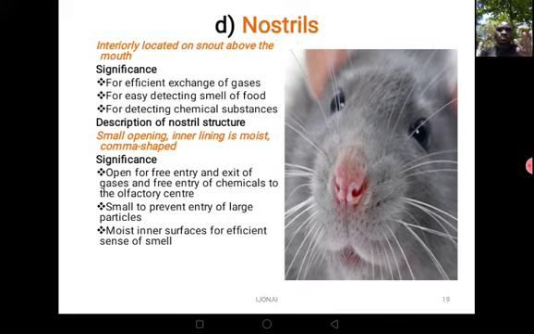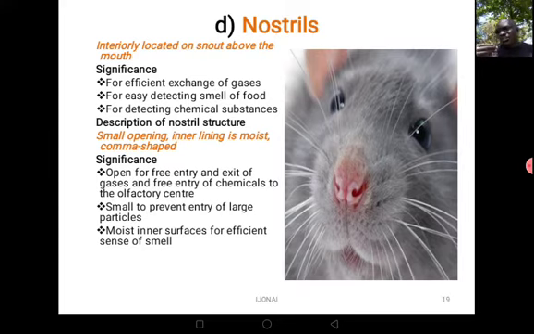So when you look at a structure, try to describe it in the natural way that you see it, using your own language. So for the nose, you say they are small, the inner lining is moist, and they are comma shaped. You can still look at it more and give more descriptive terms.